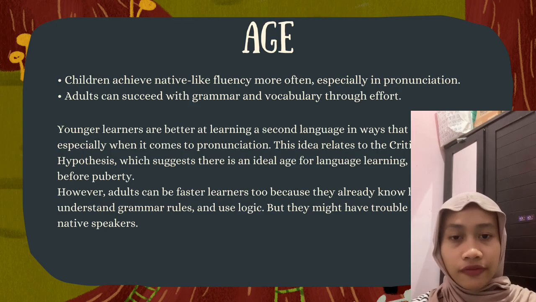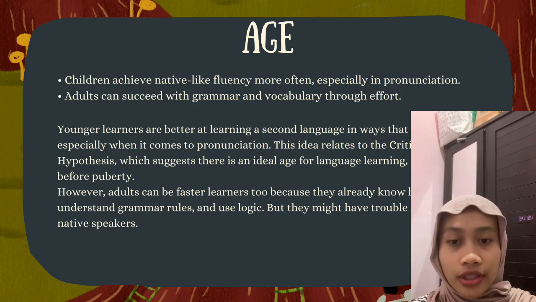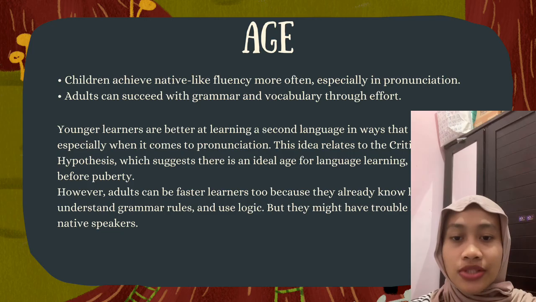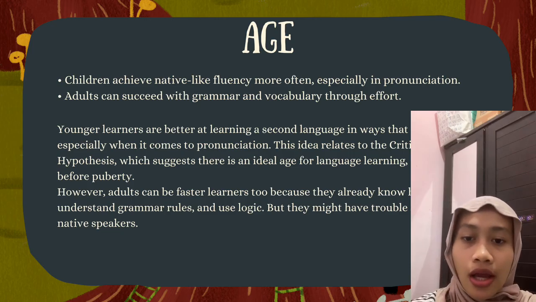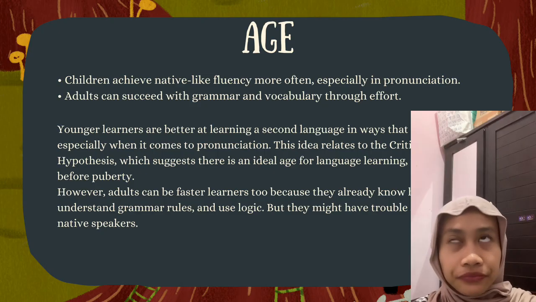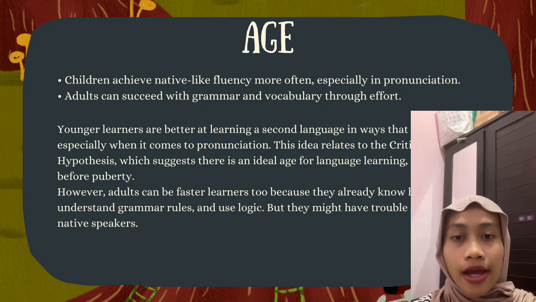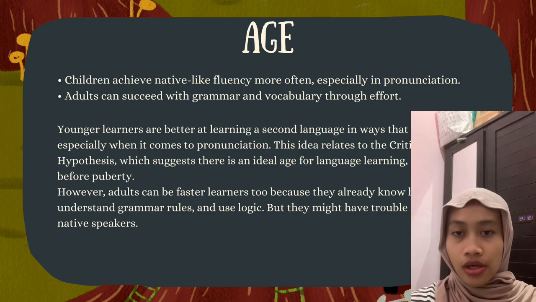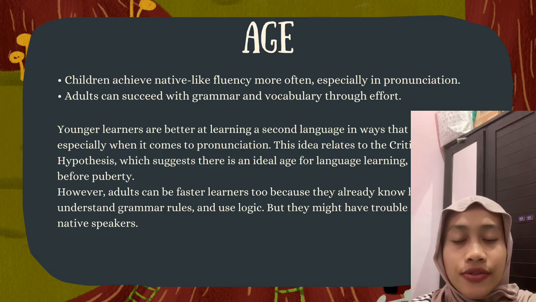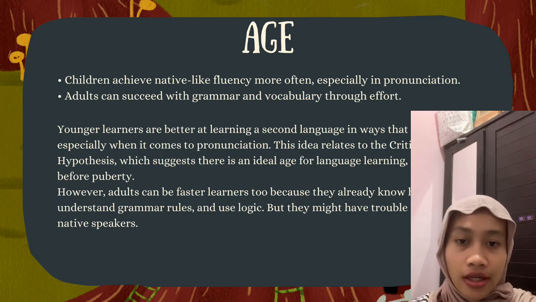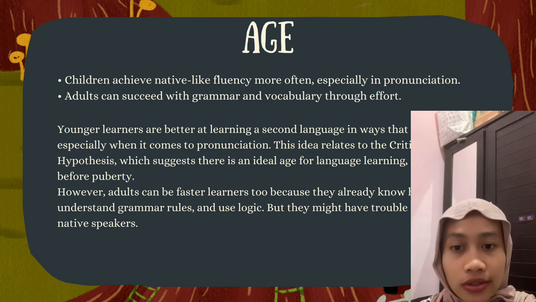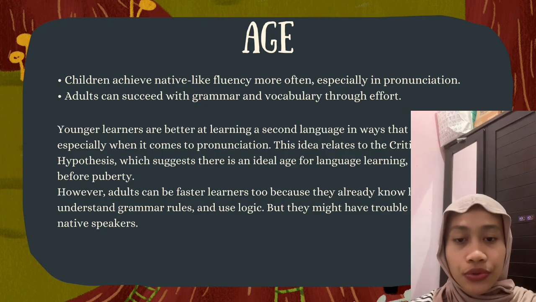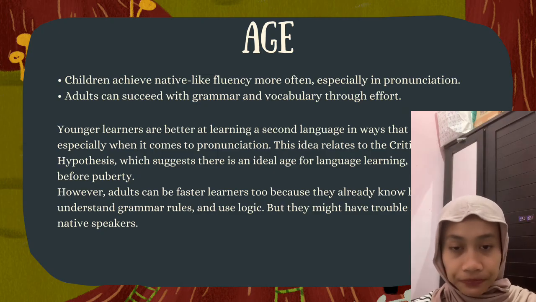Children achieve native-like fluency more often, especially in pronunciation, and adults can succeed with grammar and vocabulary through effort and strategies. Younger learners are better at learning a second language in ways that feel natural, especially when it comes to pronunciation.